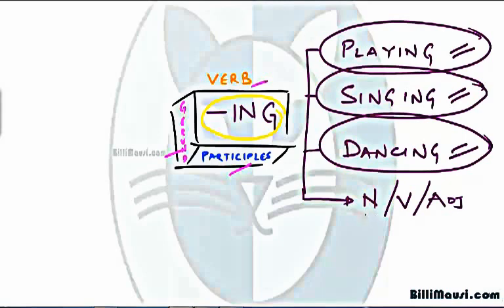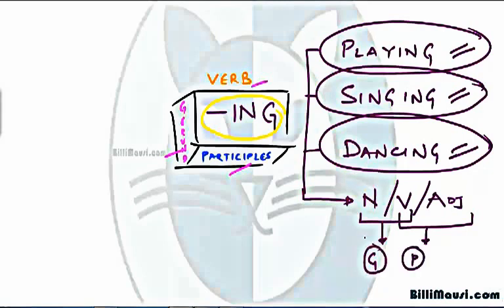Whenever a word behaves as a noun and a verb, it is called a gerund, and whenever it behaves as a verb and an adjective, with the force of verb and adjective, it falls into participle. So it might be a little mesmerizing for you right now, but don't panic. We'll be studying this in detail and in enough depth to understand each and every problem, and you'll be able to tackle each and every problem after going through this entire video.